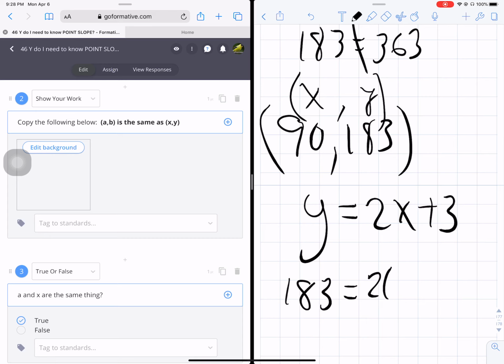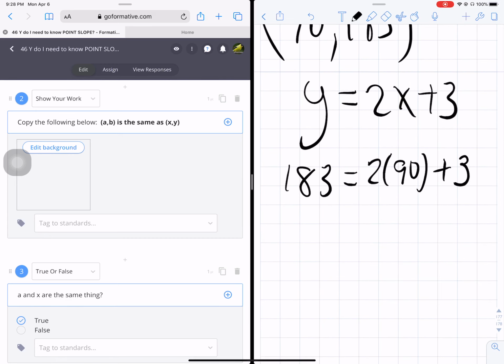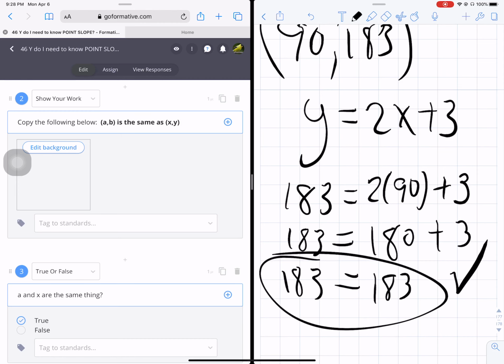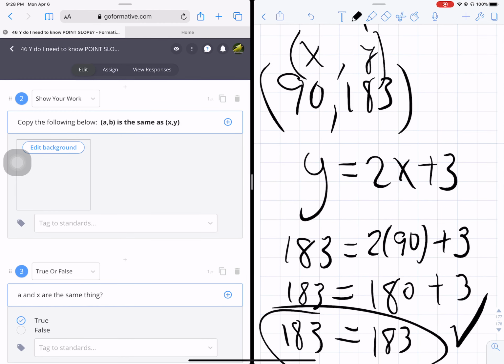We have 2 times 90 here plus 3. So what's 2 times 90? It's 180. And what's 180 plus 3? It's 183. Imagine that. So, does that work? Yes.